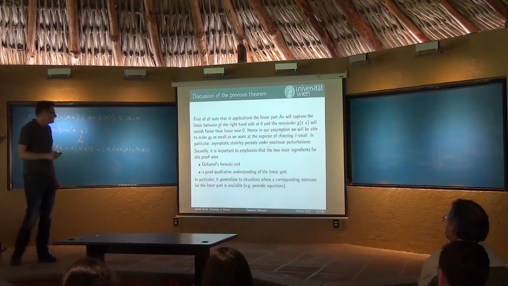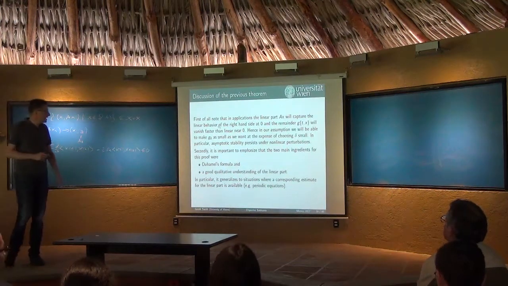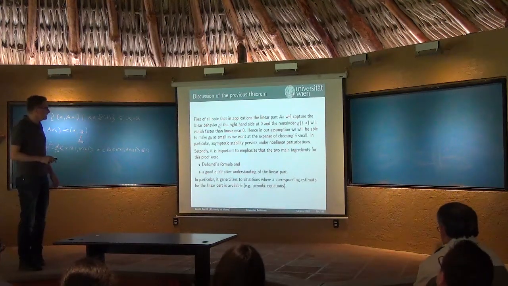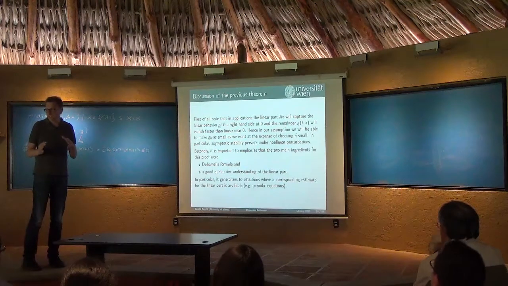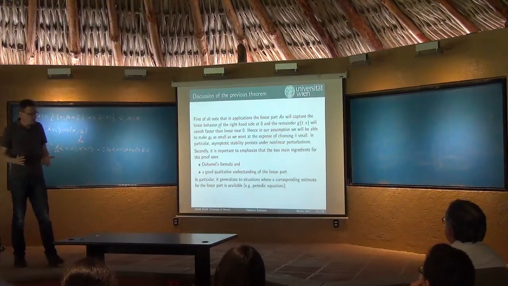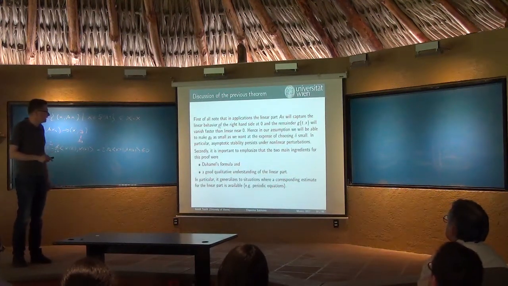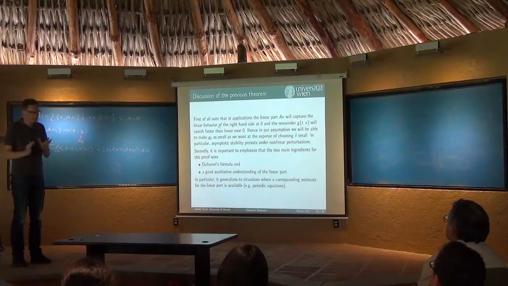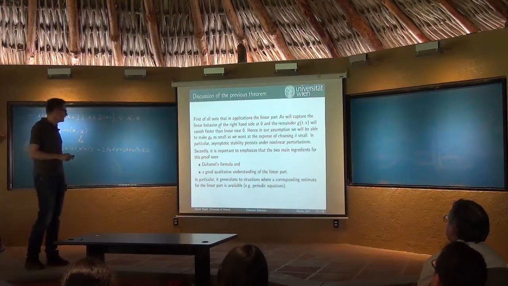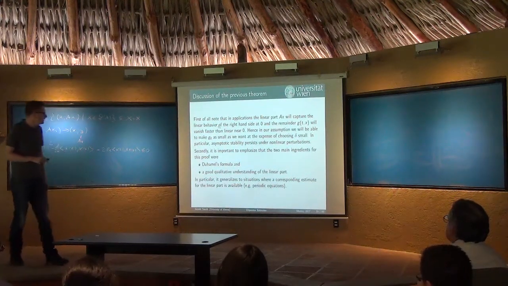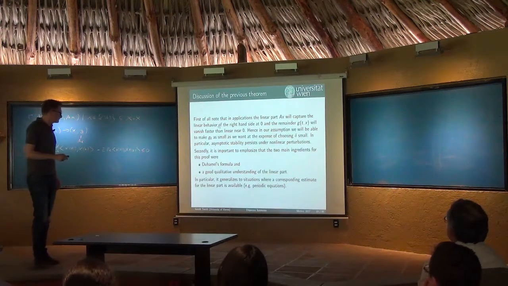Okay, so let me emphasize a few things again. The linear part somehow captures the important thing. It's not going to be destroyed by the nonlinear part, at least if the nonlinear part is sufficiently small.